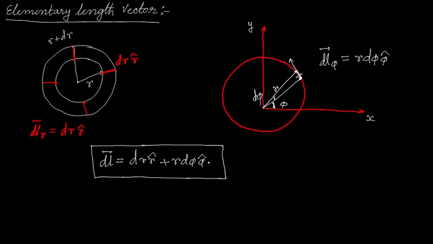Now that we know the elemental length along r and along phi, we can define the elementary area in the 2D polar coordinate system.